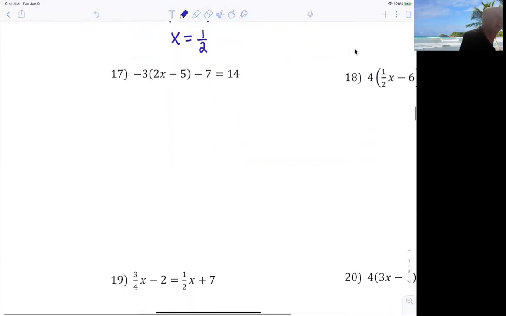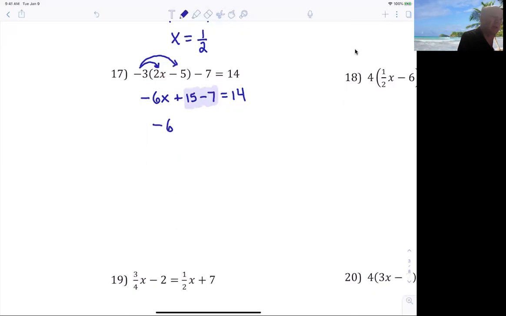Question number 17. All right, we have a distributive property here. Again, negative 3 times 2x, negative 6x. Negative 3 times negative 5 is positive 15. Minus 7 equals 14. Now, before we try to simplify anything, we always say we combine terms. All right, and 15 minus 7 is 8.